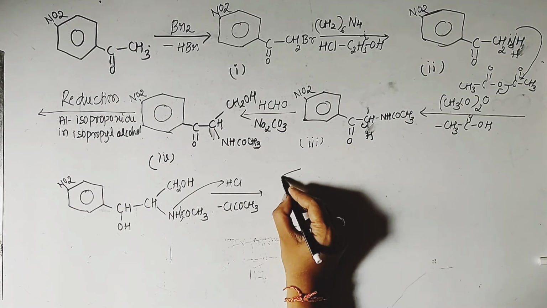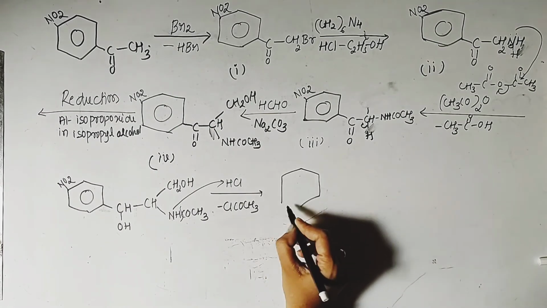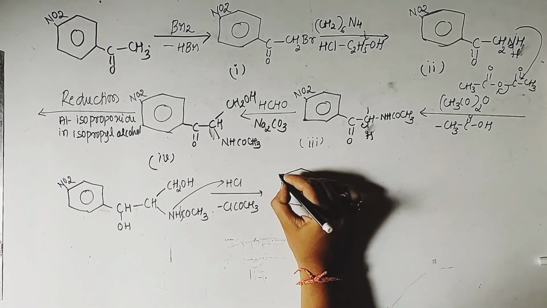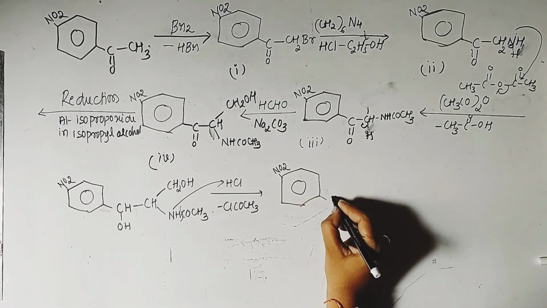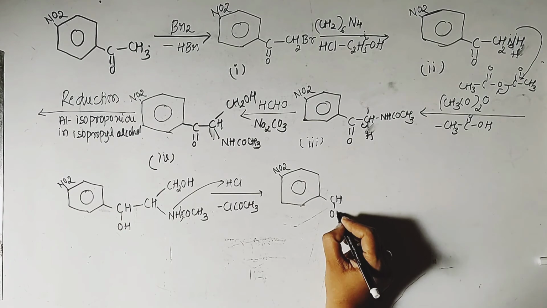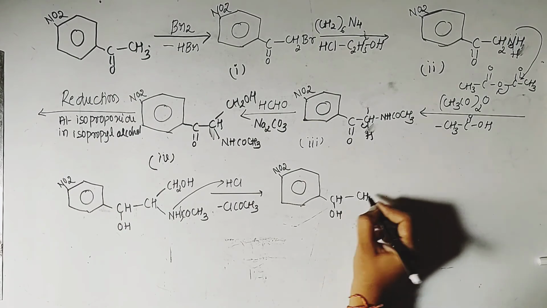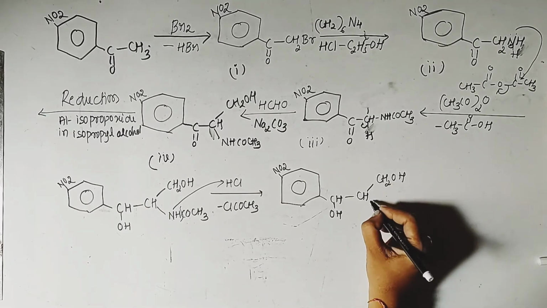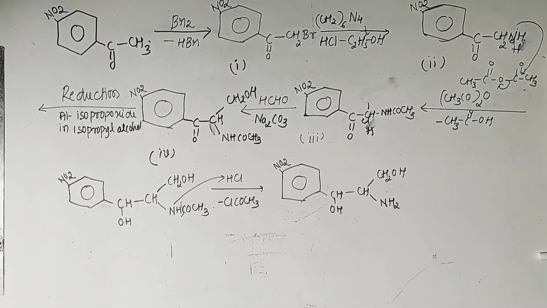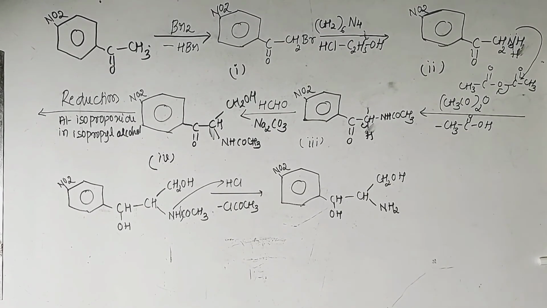So it will form one more intermediate product, that is NO2 and this side CH OH CH CH2 OH, and here we will get the amine. Now we have to introduce the acid chloride in this position.